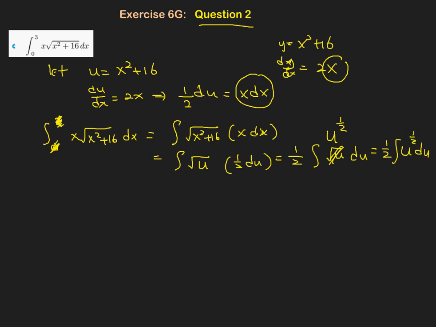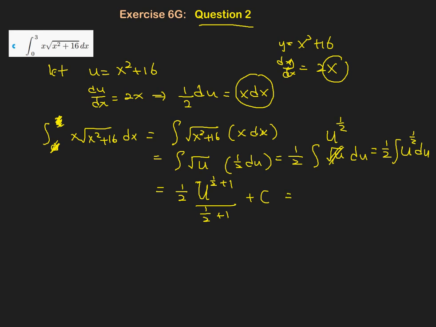And so first we're going to integrate it. So you have u to the power of half plus 1 over half plus 1 right here plus c. Now because this is not a definite integral right now, I know the original problem is a definite integral, but this is not a definite integral, so you put plus c to be safe.